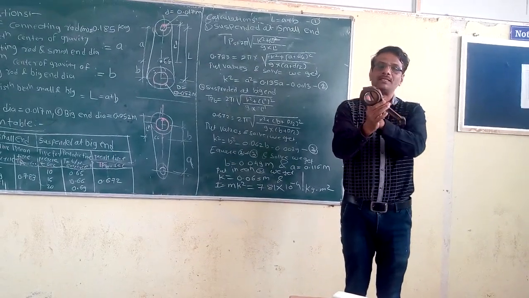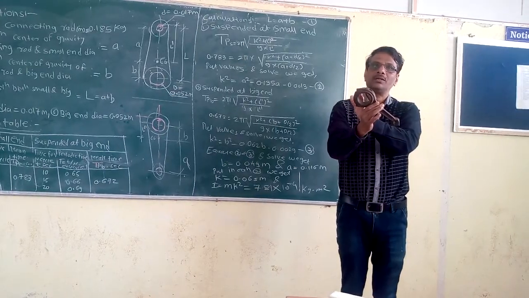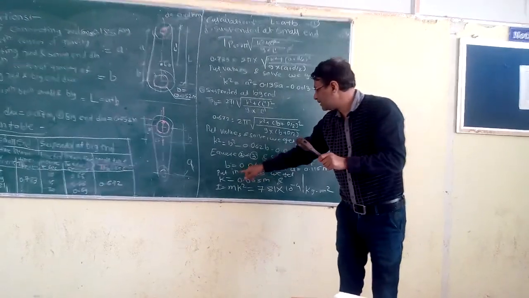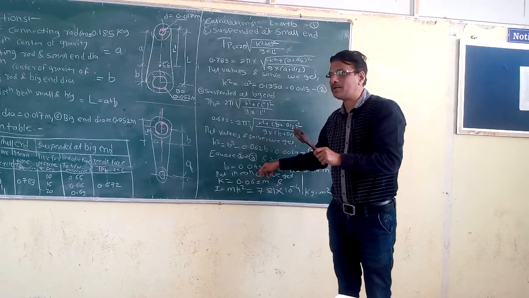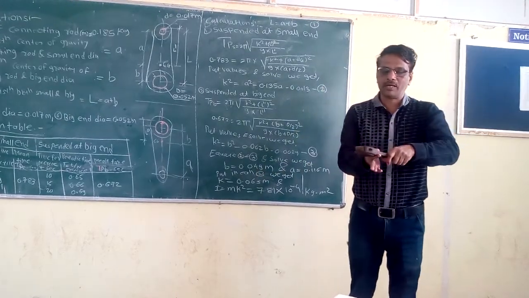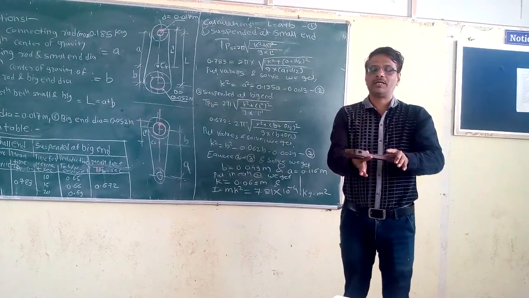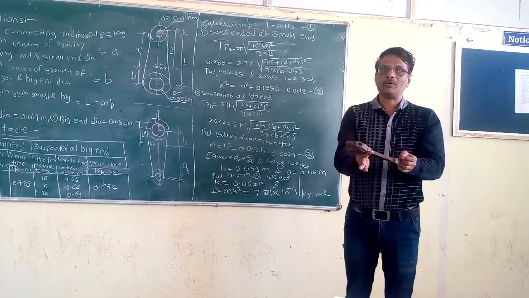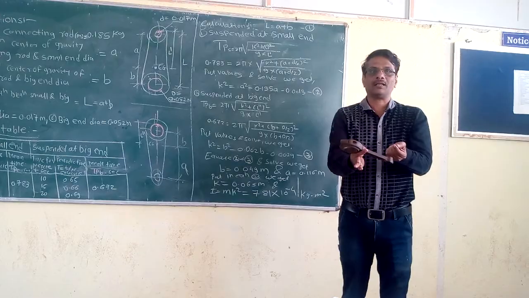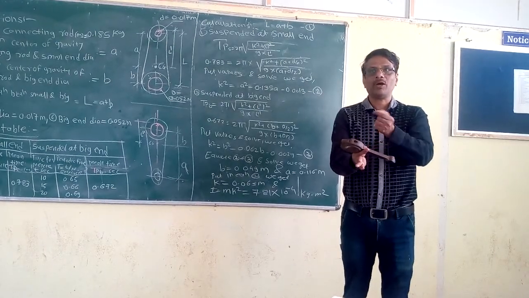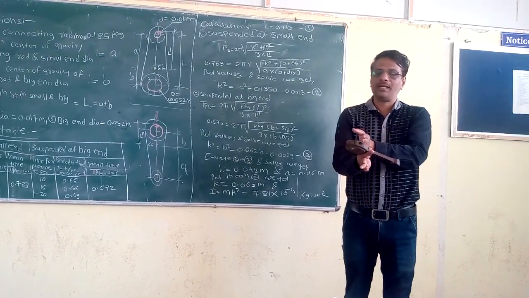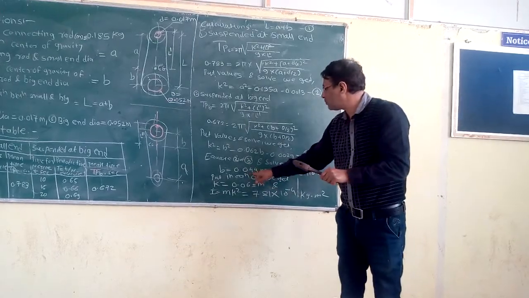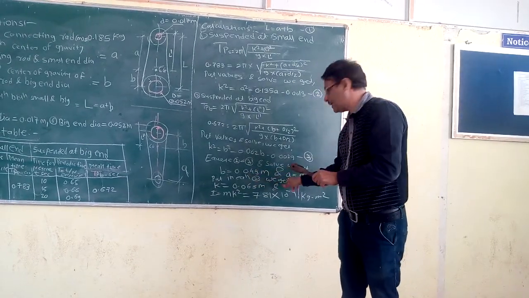So our value of b is 0.049 meter, and it is situated somewhat here. So our answers are correct. If a were less than b, then it would have been wrong. But b is coming as 0.049, so b is less than a.